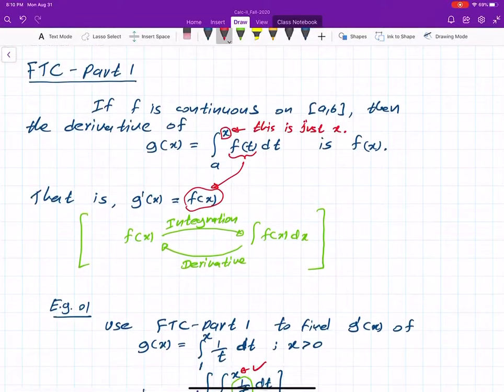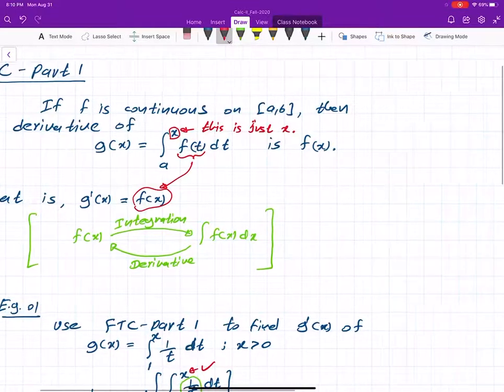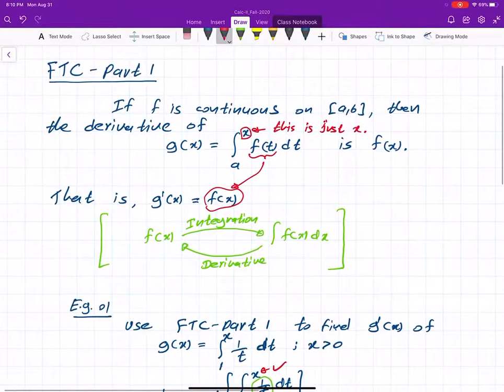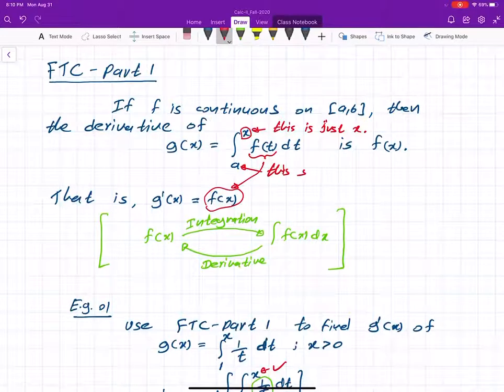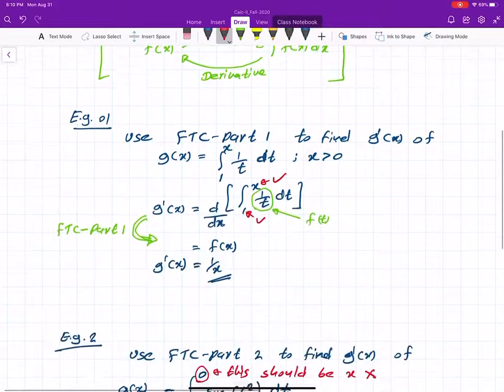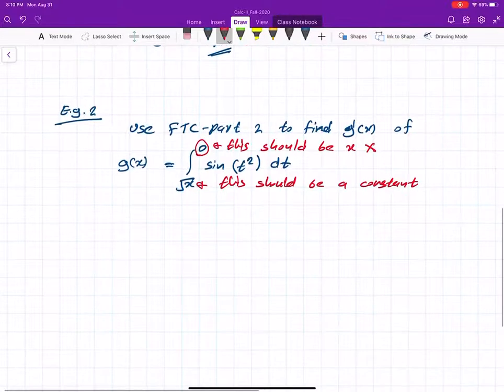Let me write something more here. That is, the upper limit is just x and this is just a constant. Now, nothing is satisfied.